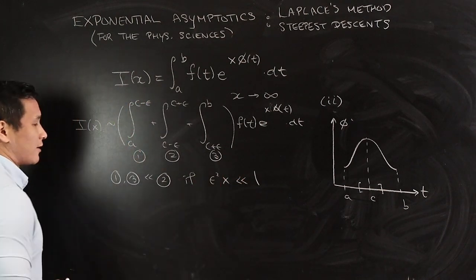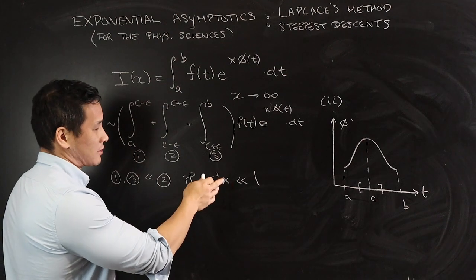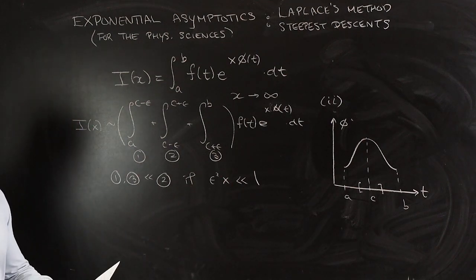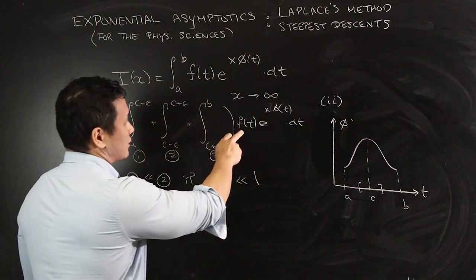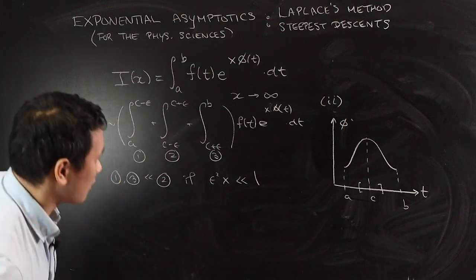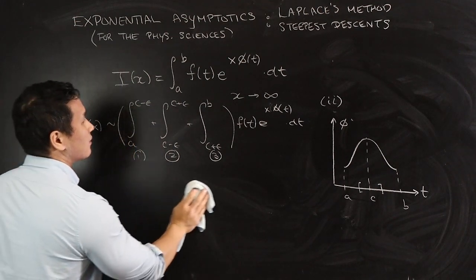So if x gets to be larger and larger, as long as this neighborhood scales like 1 over the square root of x, you're okay. Okay? But in any case, you're now going to look at the integral 2. You're going to expand f and phi into the Taylor expansion about the critical point c.